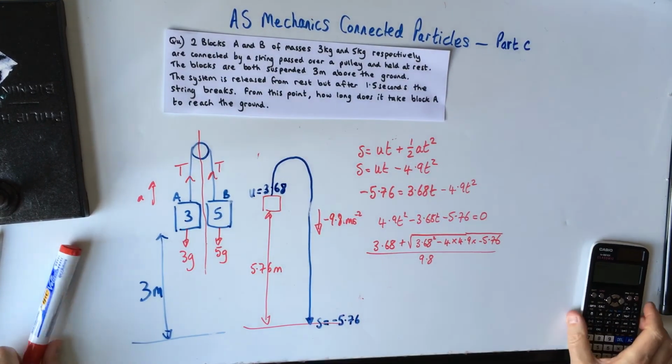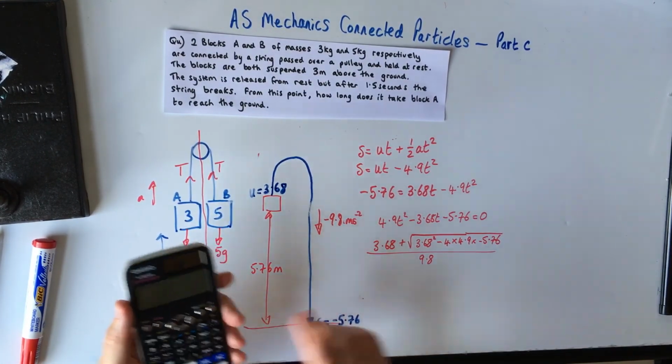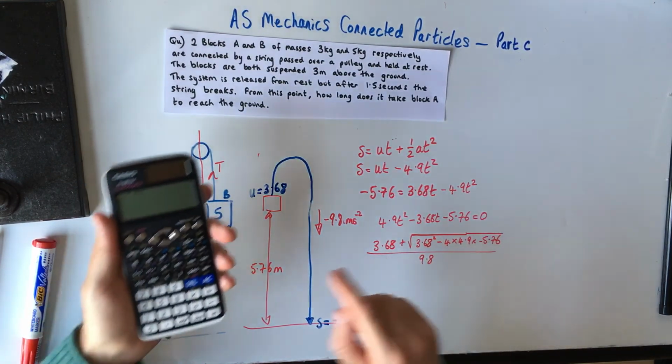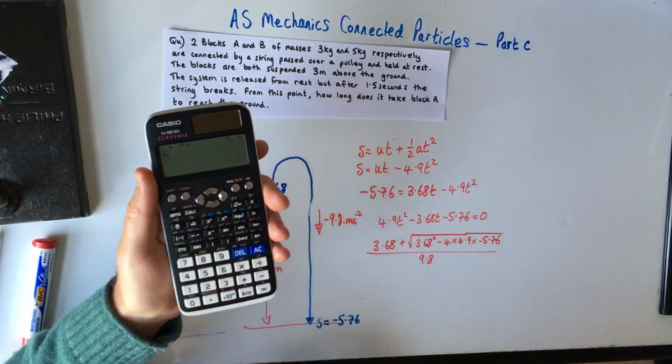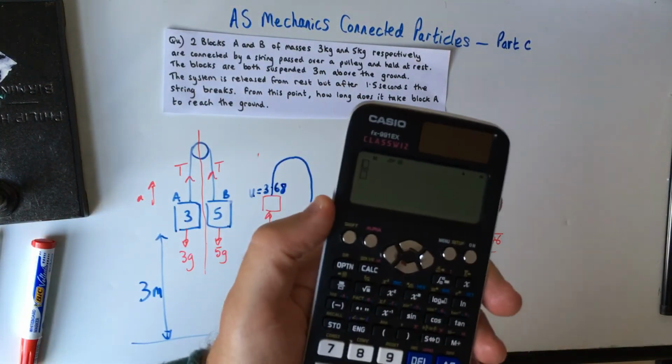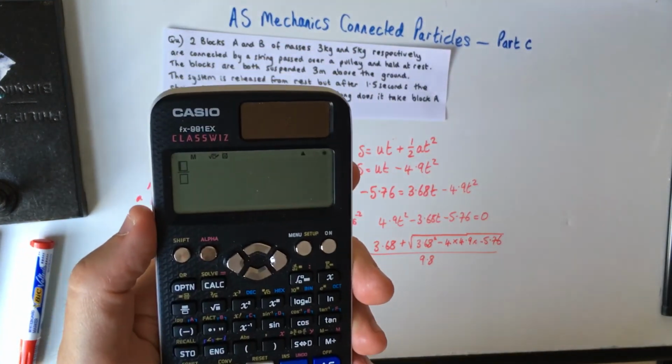So I'm going to put that into my calculator now. The way that I'm going to do that is the minus and minus here, all of that is going to be plus. So I'm just going to create my fractions. I don't know if you can see that. Jeff told me that you can't. Okay, so there's my fractions.